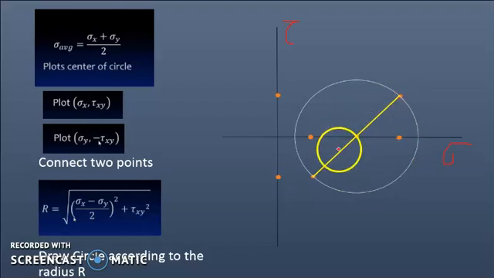Now from this graph, this axis is the tau, which we have calculated, and this one is the sigma x value, and from here to here it is sigma y. This intersection point along the x-axis is sigma 1, which is the major principal stress.